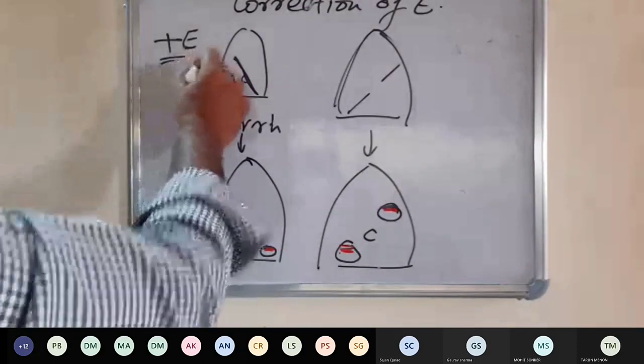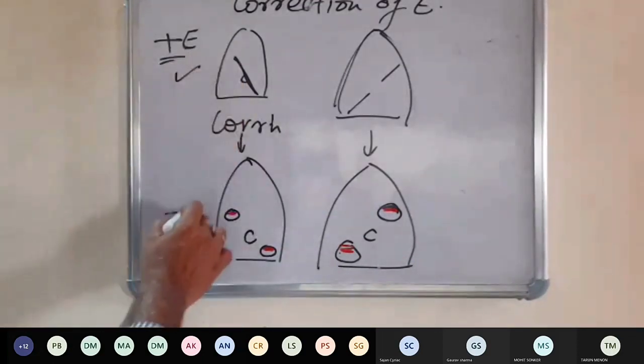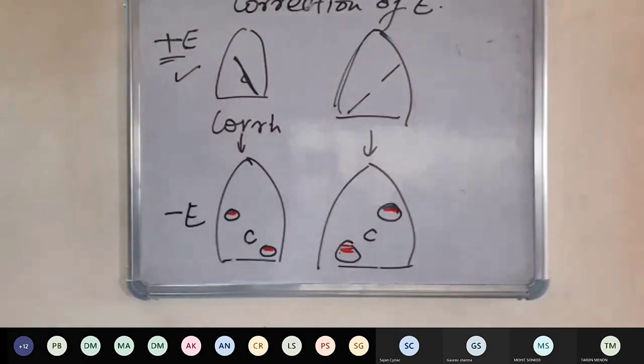If this is positive E, this is going to create minus E. Similarly, if it is minus E, होना तो नहीं चाहिए, but अगर है, तो we have to create a plus E for that.